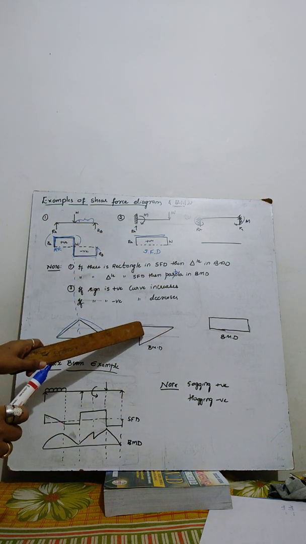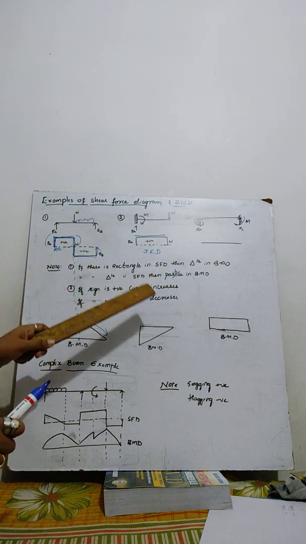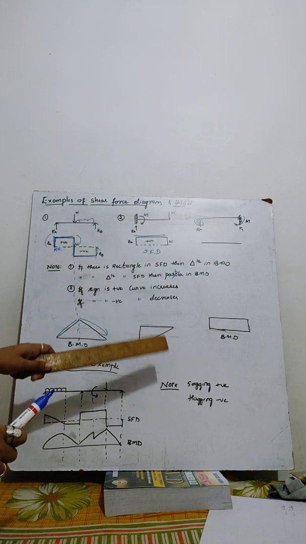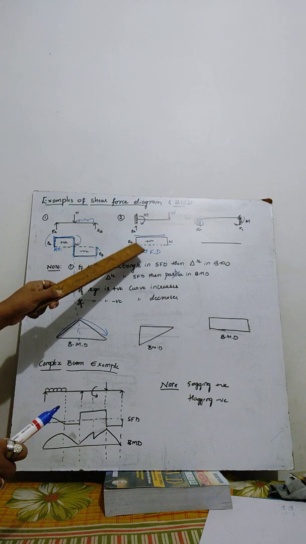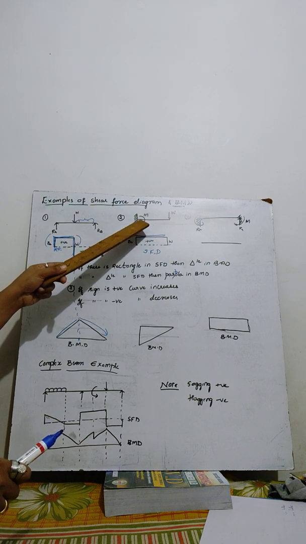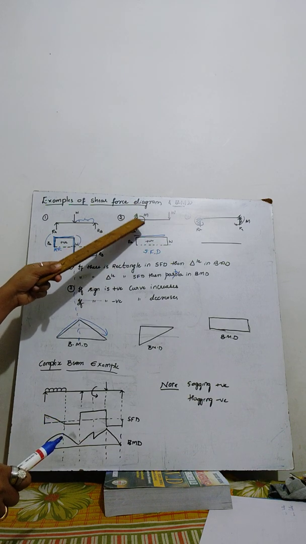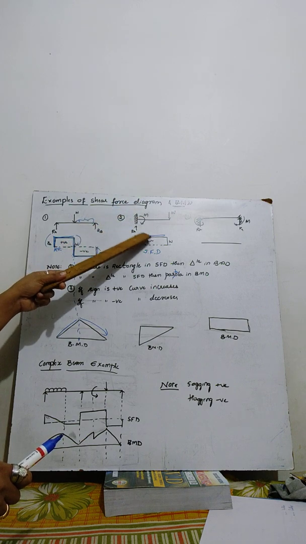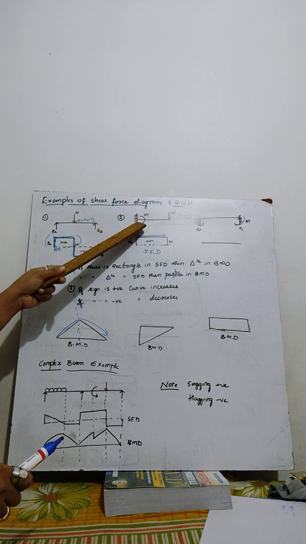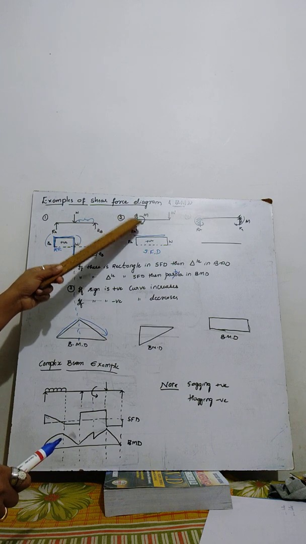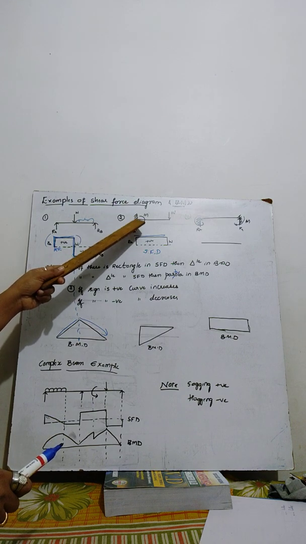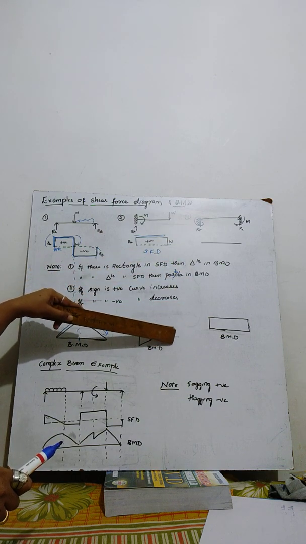And when it comes to the BMD, when it is a rectangle, it is a triangle. But one thing you should remember, whenever there is a concentrated moment or a moment acting in the question, you should draw a vertical line. That is one more very important point while drawing the bending moment diagram.